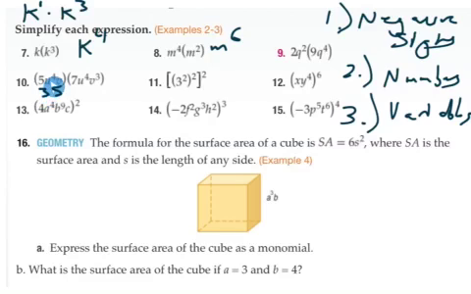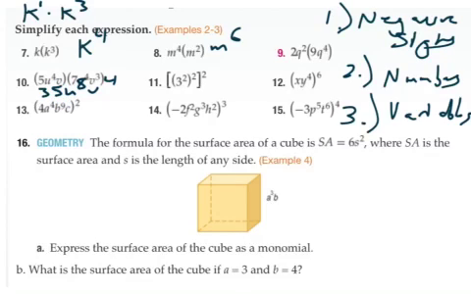So I have u to the fourth times u to the fourth, which is the same kind of idea happening here. Base to a power times base to a power. So that would be u to the eighth. And then I have v times v to the third, which is exactly the same kind of thing that happened here. So that would be a v to the fourth, because I have an understood 1 on this v right over here.